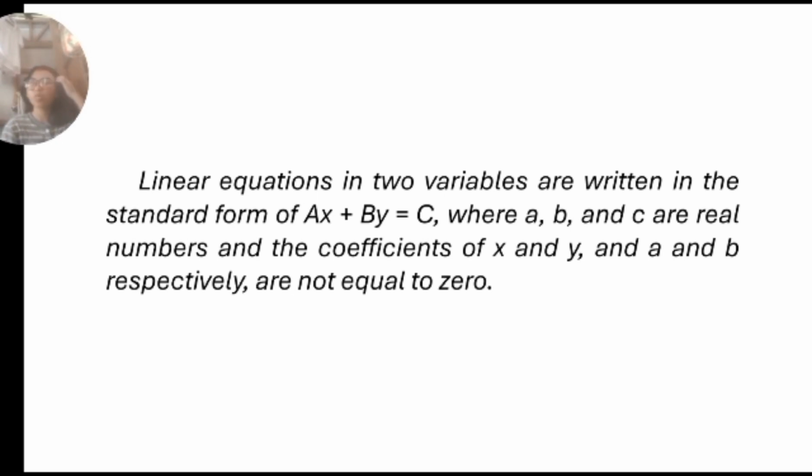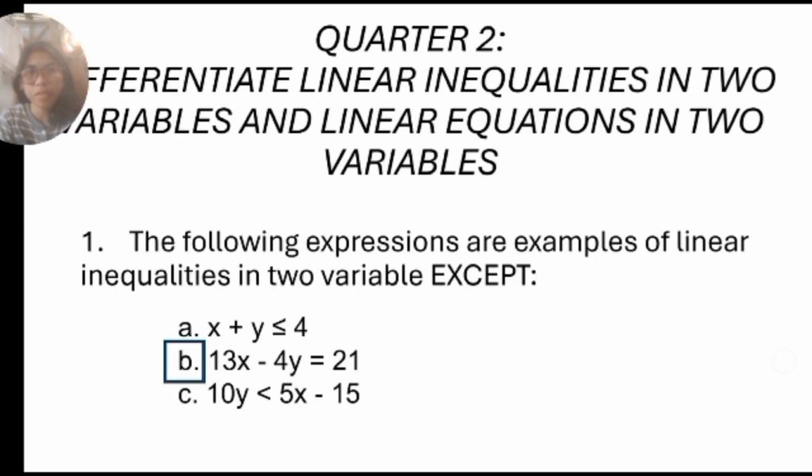So going back to linear inequality, its symbols are the inequality symbols: greater than, less than, greater than or equal to, and less than or equal to. Then in a linear equation, it is the equal sign.